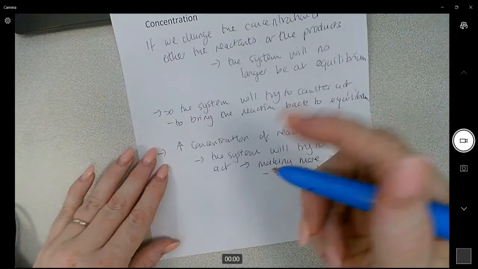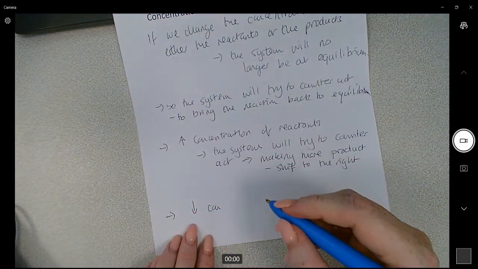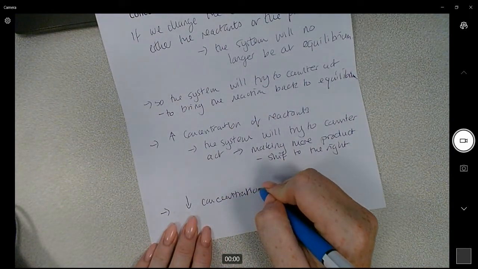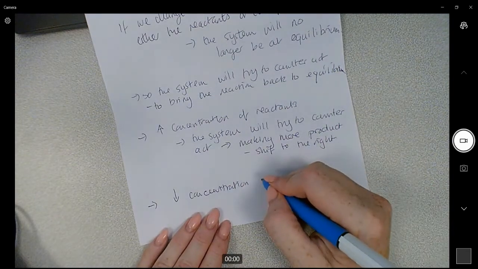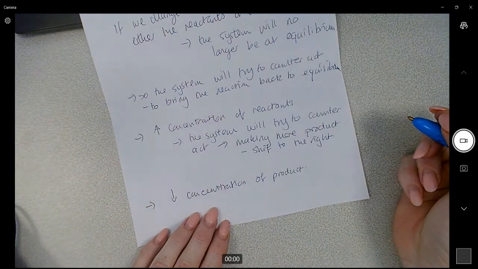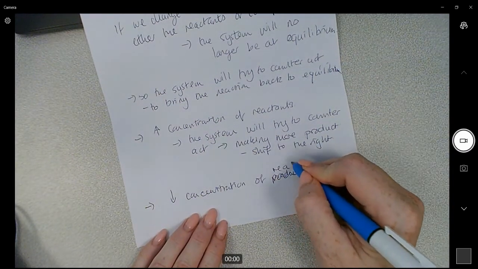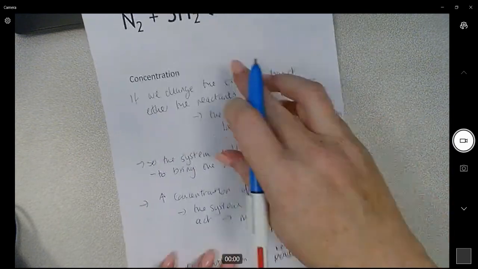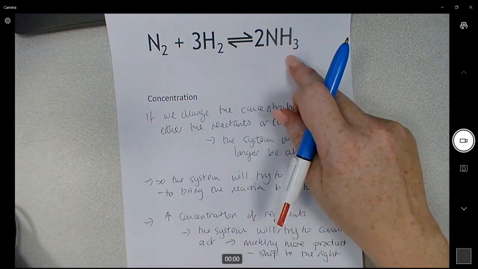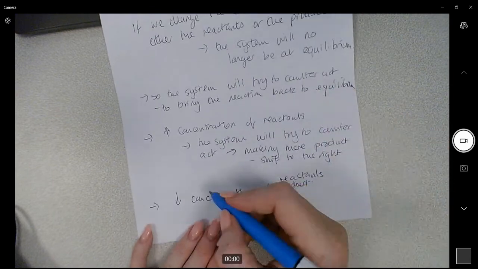And the opposite is true if I decrease the concentration. So let's imagine in this case I'm decreasing the concentration of reactants. If I make the concentration of these reactants less, then the system will try to counteract that by making more of the reactants.